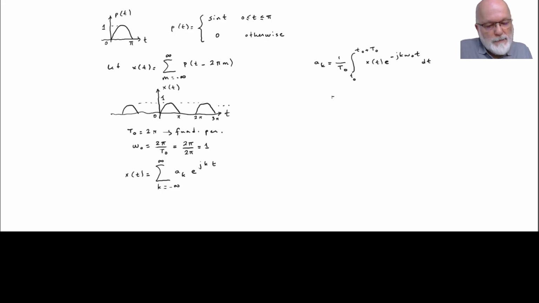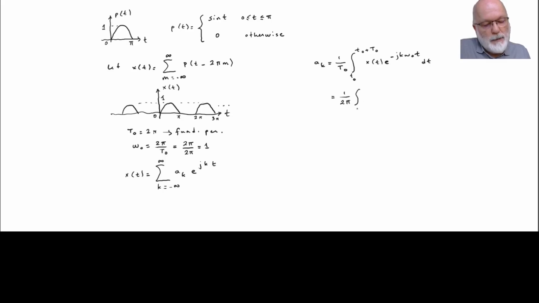Now our T0 is 2 pi, so we have 1 over 2 pi. As long as we integrate over a period, we obtain the values of the coefficients. But let us choose the most convenient interval. Let us choose t0 equal to 0.